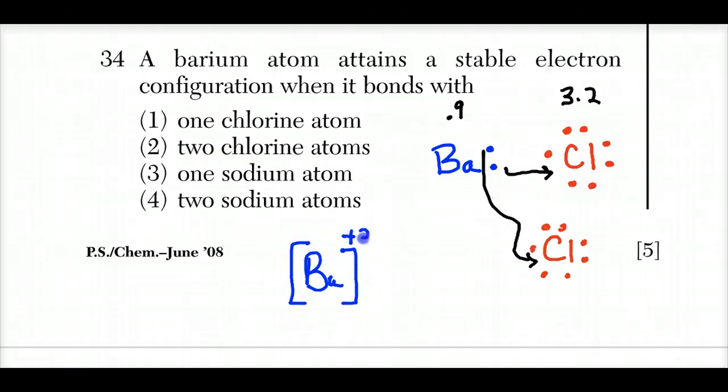Now because it lost 2 and got oxidized, losing electrons is oxidation, LEO, it became +2. And chlorine, this chlorine had 7, but it gained 1 more to get that octet. And because it gained 1, it got reduced as -1.